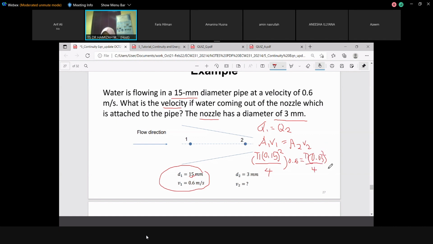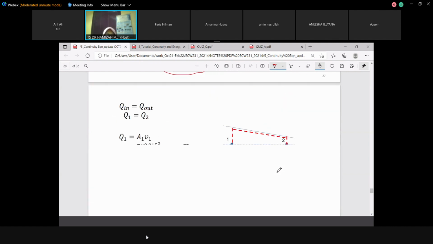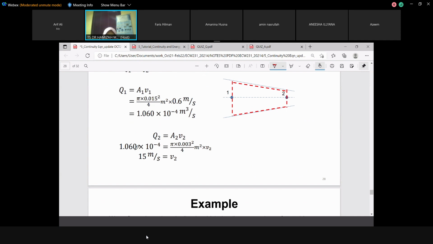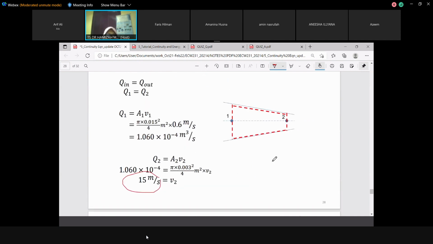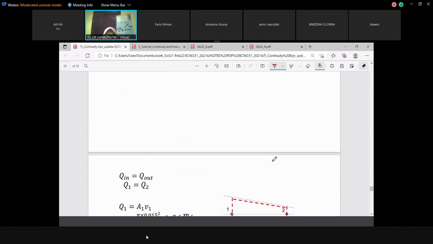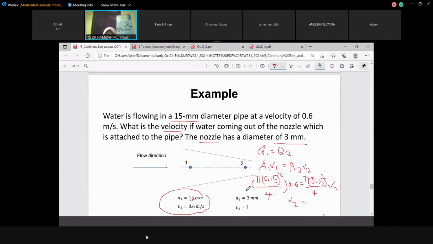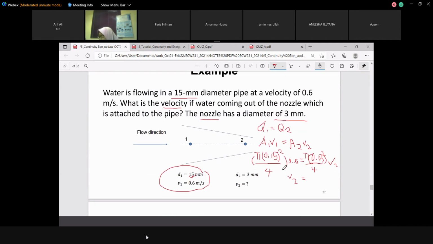So we have the unknown V2. Okay, finally, using the calculator, you can find V2. V2 is 15. Okay, so now you can understand the correlation. The smaller the diameter, what happens to the velocity? Can you compare this? The smaller the cross-section area. Anyone? Can you conclude this?